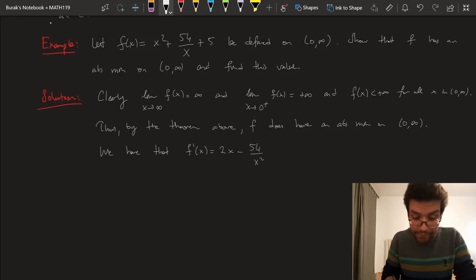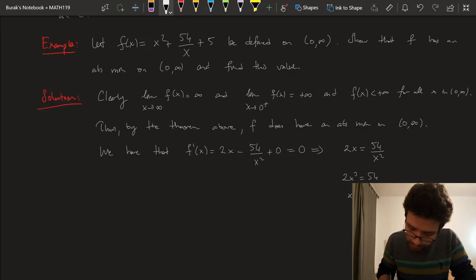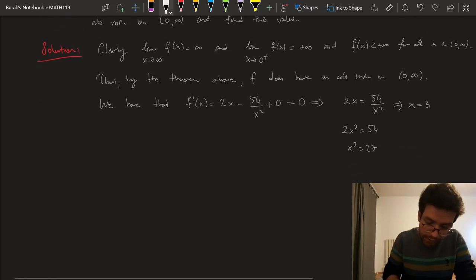So I have 54 there, so I have this. And derivative of 5 is 0. So if you set this to 0, you get that 2x is 54 divided by x squared. So that means that 2x cubed is 54, which means that x cubed is 27. So x is 3.